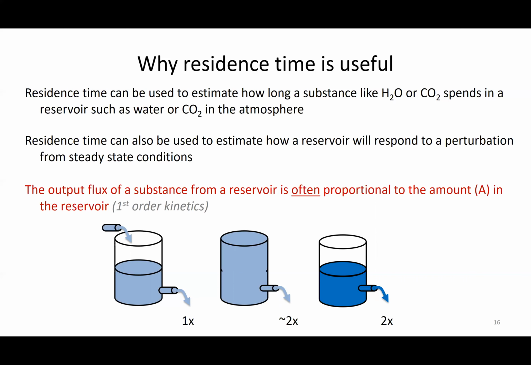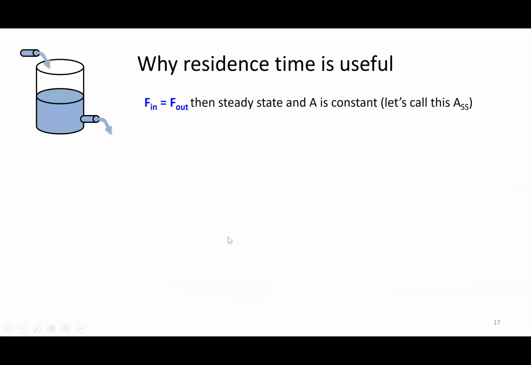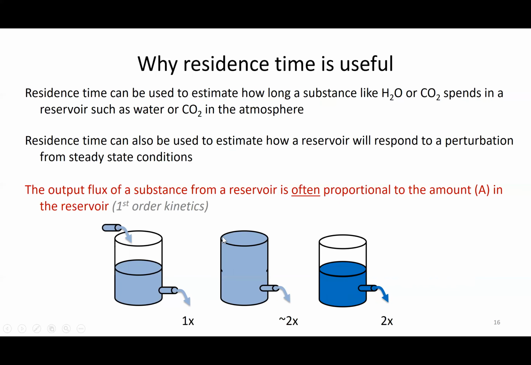So in the example that can be understood here, where we have a pipe with water flowing into a tank and water flowing out as a result, if we had double the amount of water in the tank, then we would expect the outflow to be greater by about 2 times.